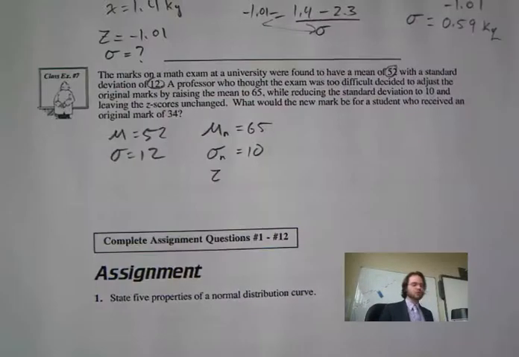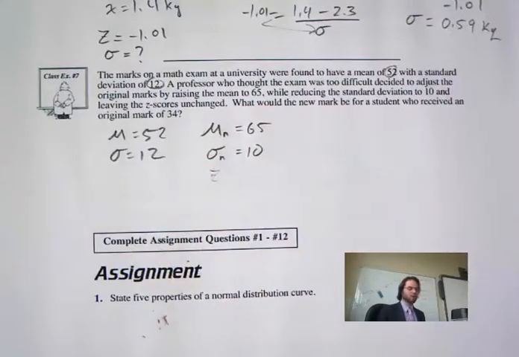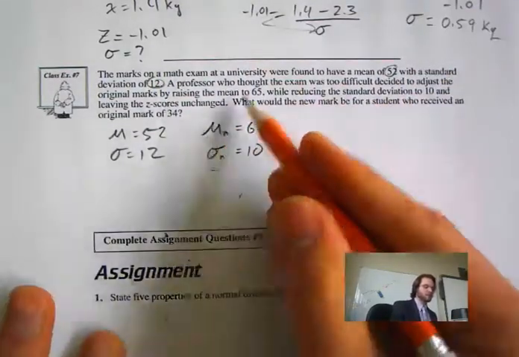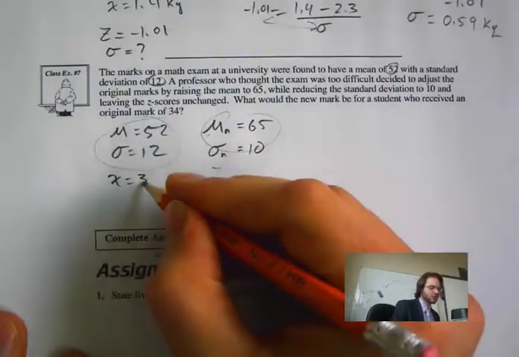What would be the new mark of a student who got 34? We want to find the new mark, but first we have to find the original Z-score, since the Z-score is unchanged. So x is equal to 34.